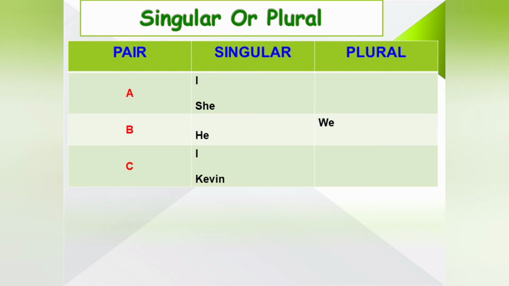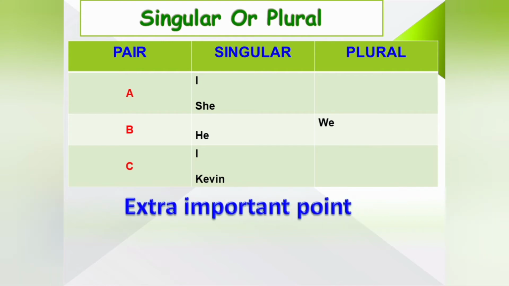Here, I have to discuss an extra important point. I comes under the category of singular. So, what is the reason for erasing the suffix s from the verb? Is there a mismatch with the singular and plural form? Do you think in that way?